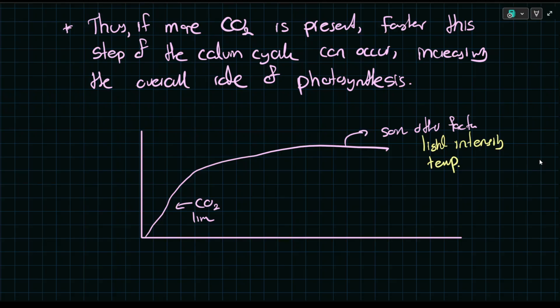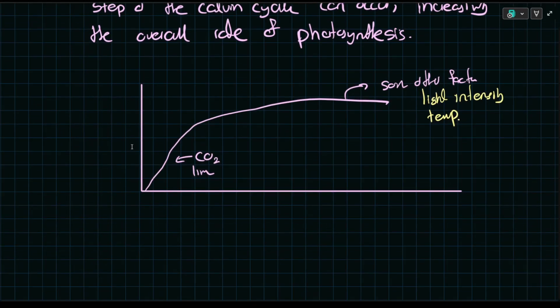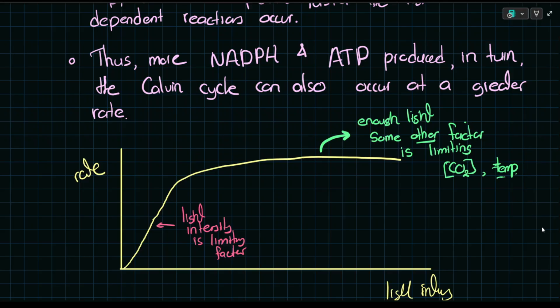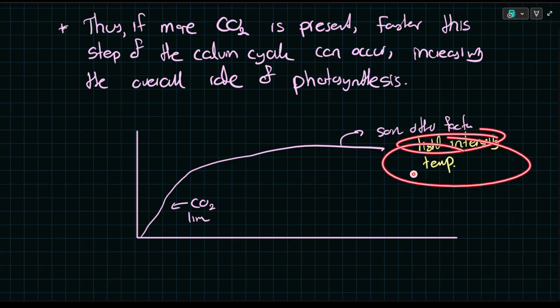Not carbon dioxide concentration. Do you see? In the earlier graph we were talking about light intensity, so light intensity was the limiting factor. Here we're talking about CO2 concentration, so CO2 is the limiting factor here. Here, some other factor. So two of those other factors are light intensity and temperature.